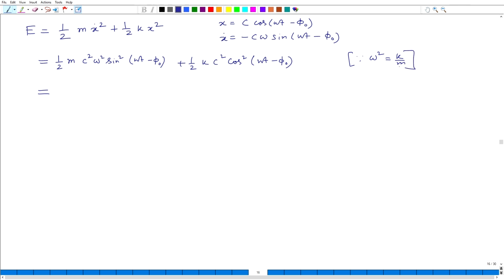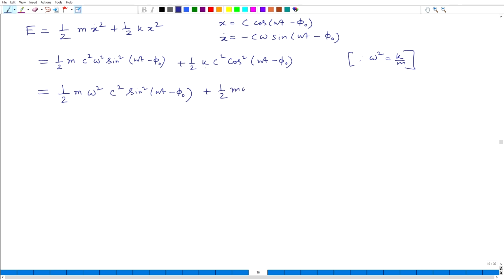So, I can actually say that k is equal to m omega square as well. So, I can now write half m omega square c square sin square omega t minus phi 0 plus half, instead of k I write m omega square.